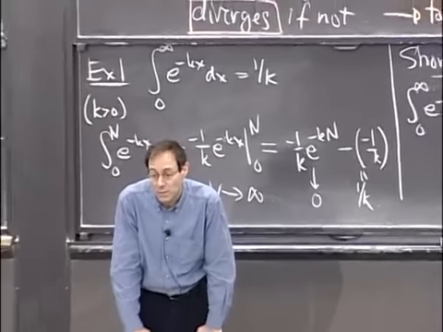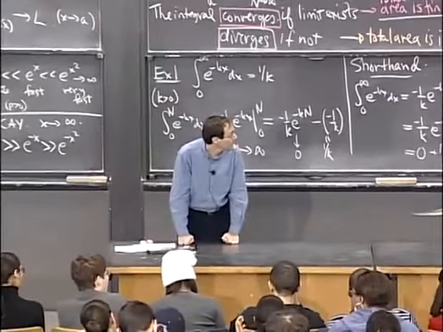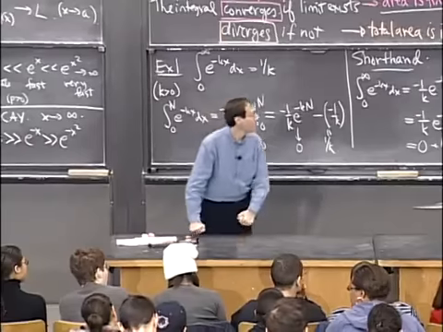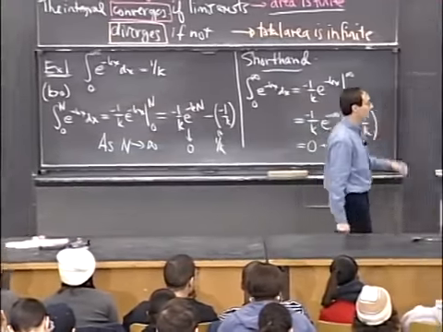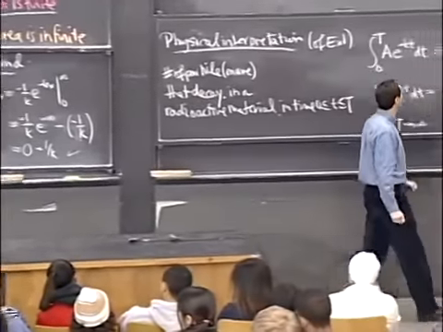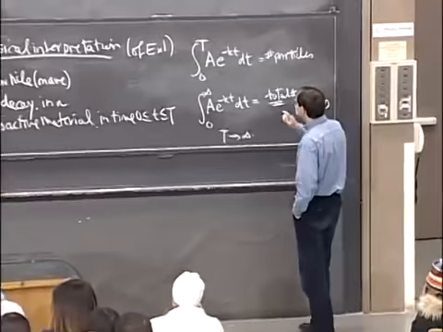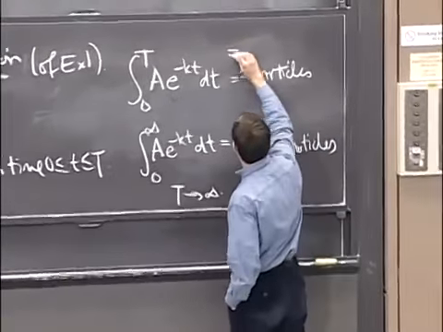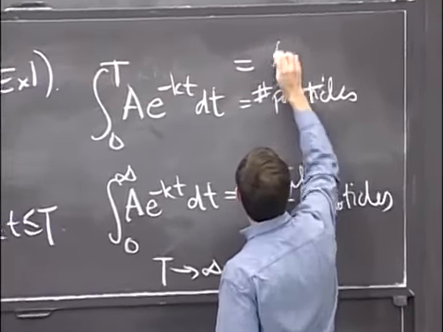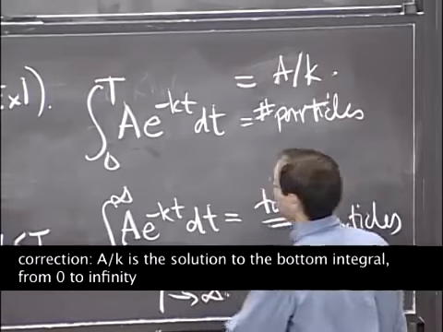Another question. Shouldn't the answer to that not involve k? Shouldn't it just be a, because the initial number of particles would be a, right? The question is, shouldn't the answer be a? Well, the answer turns out to be a divided by k.